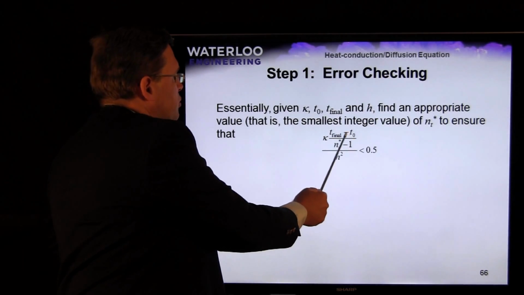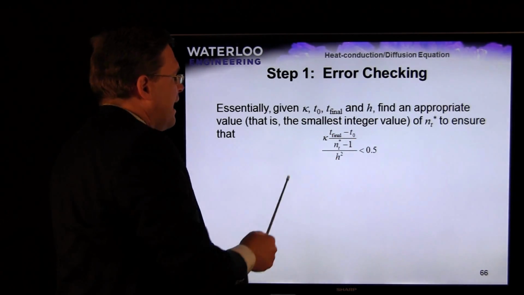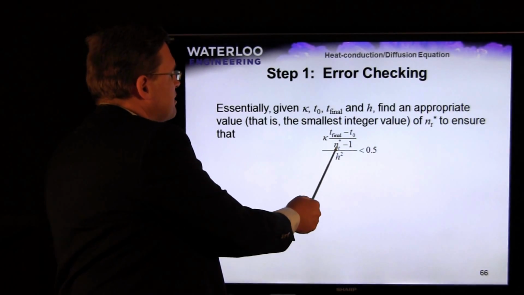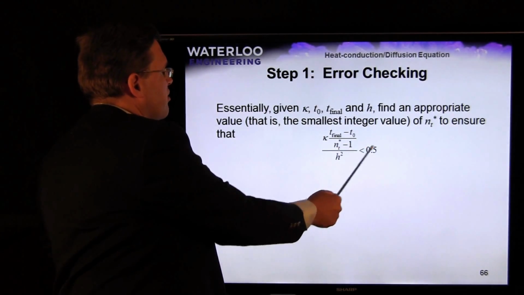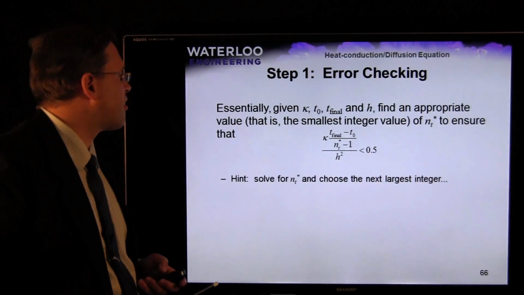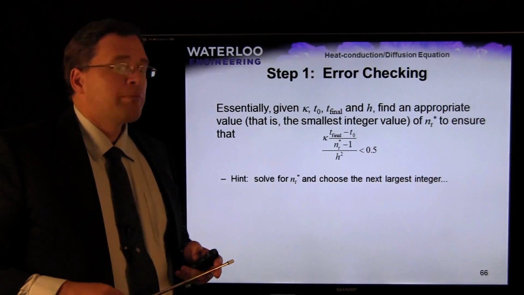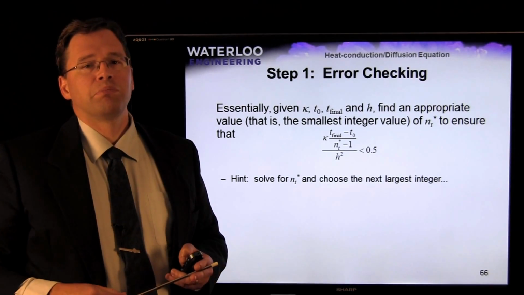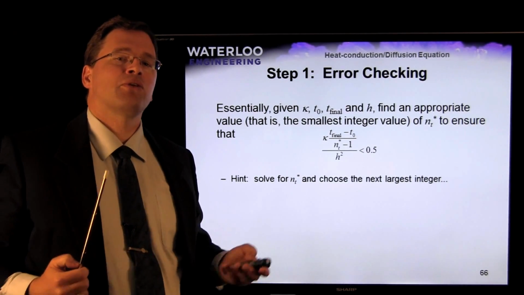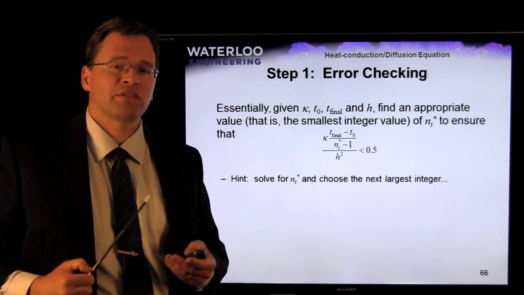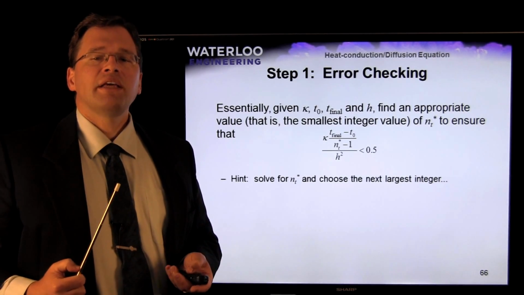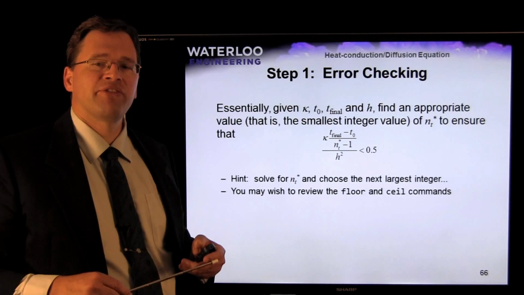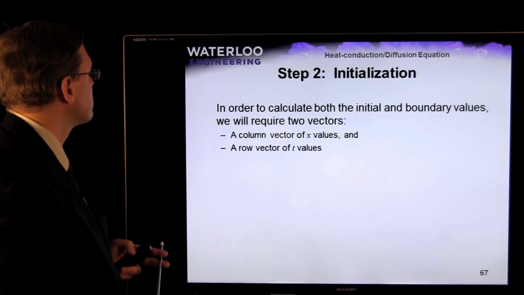We want to make sure that given the h that the user has already given us, we want to find an n sub t star which is large enough to make this ratio less than 0.5. Well, basically you can just solve that for n sub t star. It's not going to give you an integer, it's going to probably give you some double precision floating point approximation, and so you should take the next largest integer. For example, you should review the floor and ceiling functions.